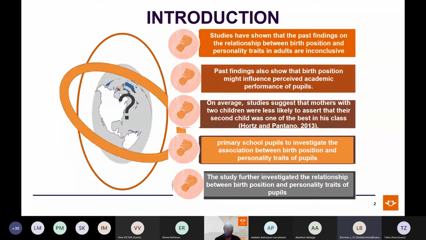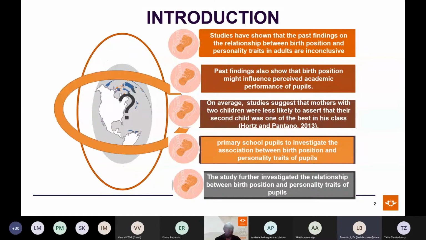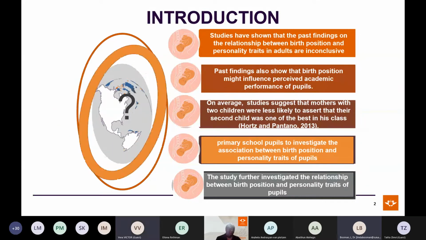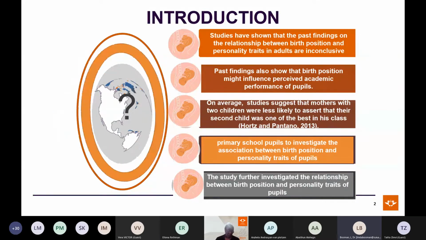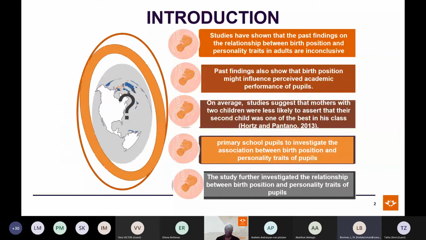Vera, can you please just unmute yourself? Vera? There you go. Yeah, just beware not to mute yourself while you are presenting.